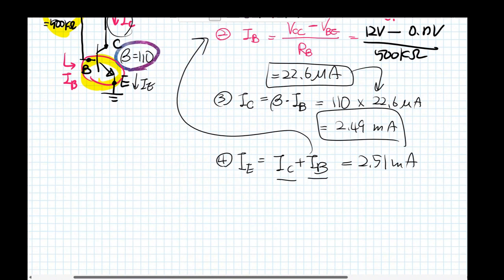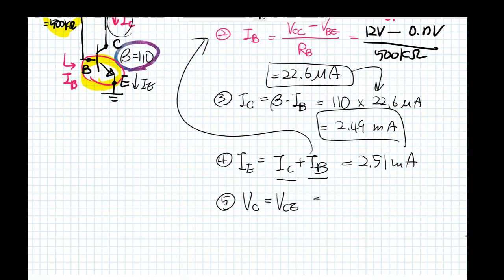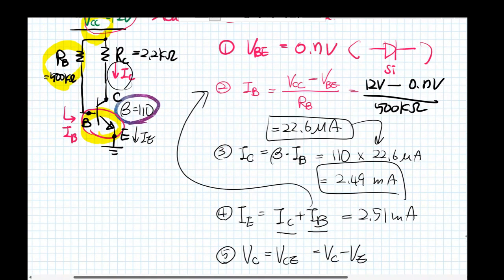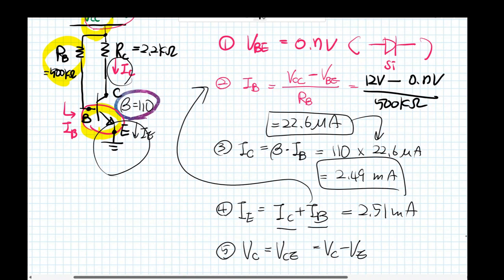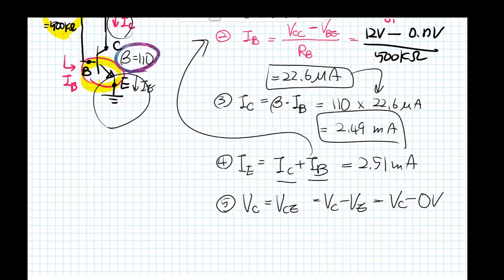So the next one, what is V sub C? V sub C is V sub CE. Why? Because V sub C minus V sub E, the V sub E is 0, nothing, because they connect to the ground. Nothing, no resistor. So this is why V sub C minus 0 volt.